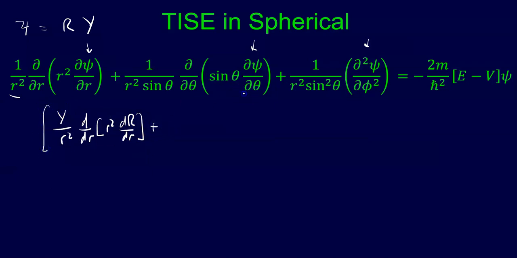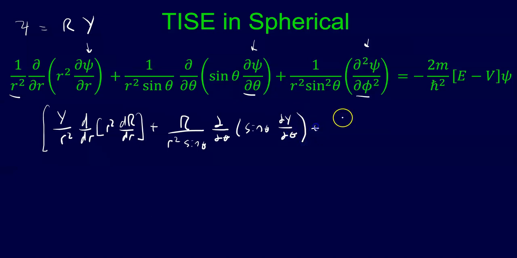And then for the two angular partial derivatives, the opposite will happen. The R will slide on through as a constant, and the Y will be what we'll be taking the derivative of. So we get capital R over little r squared sine theta, our partials of theta. These remain partials because this function has still two independent variables.